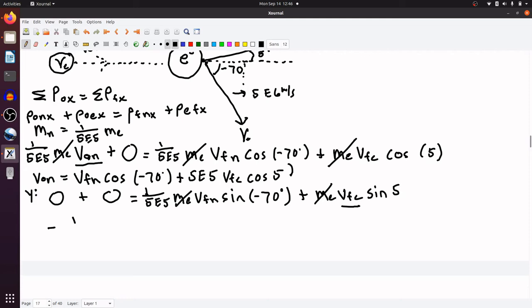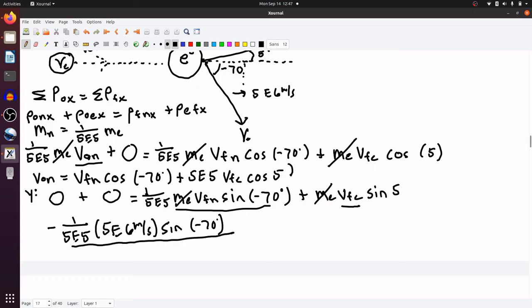It's going to give me negative 1/5e5, moving this to the other side, times the final velocity of my neutrino, which was 5 times 10 to the 6th meters per second, times the sine of negative 70, and then all that is divided by the sine of 5.